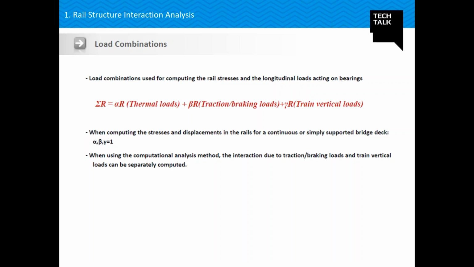This is the main reason why it is a non-linear analysis, and why we cannot do a simple moving load analysis as we do for a normal highway bridge. We can't do that for rail structure interaction. The main reason is that wherever my train is placed, at those locations the stiffness of my ballast will be as per the loaded condition, which is 50 kilonewton per meter square, and the rest of the bridge will have a stiffness of 25 kilonewton per meter square.